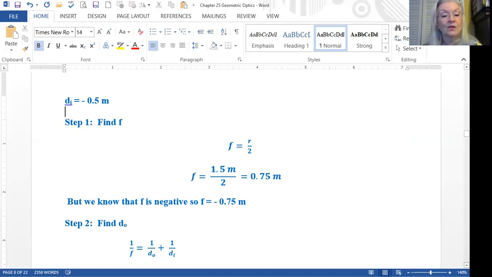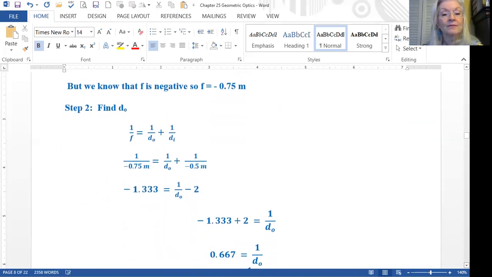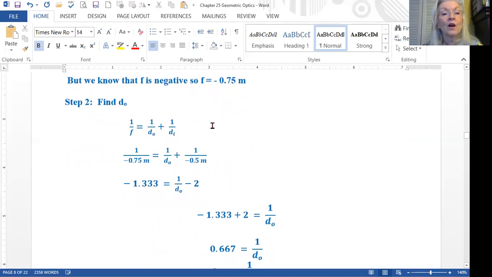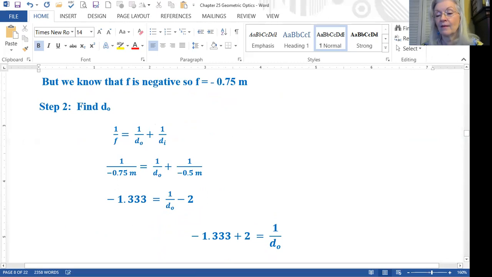Now what we need to do is find the object distance. So we've got our trusty equation. We know that 1 over F is equal to 1 over DO plus 1 over DI.